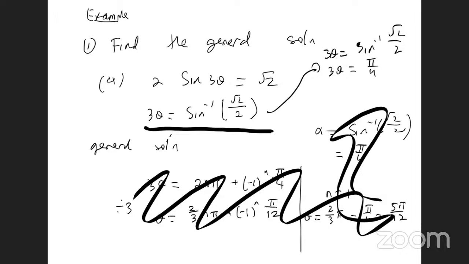When you carry across the 3, you end up with pi on 12. So that is one of your solutions, and that's what you'd normally do. You'll also get your next solution for sine, which is pi minus pi on 4, which is 3/4 pi. You divide that by 3, so you'll get 3 pi on 12.